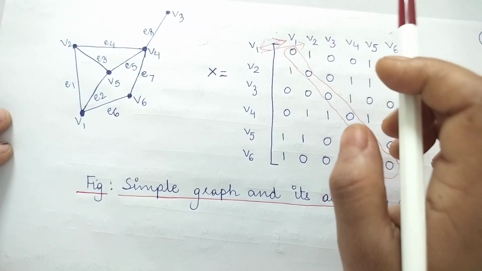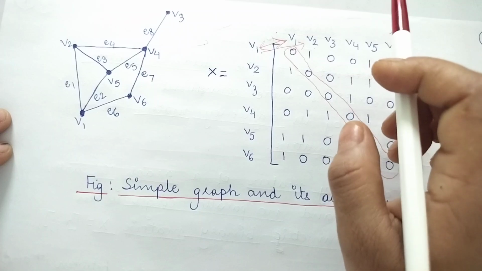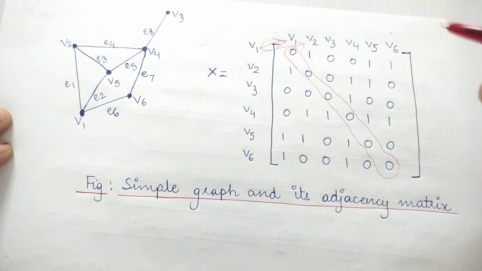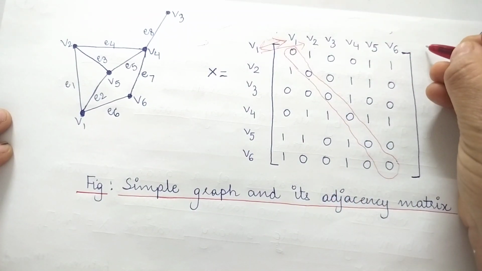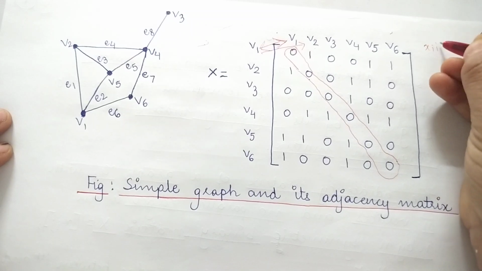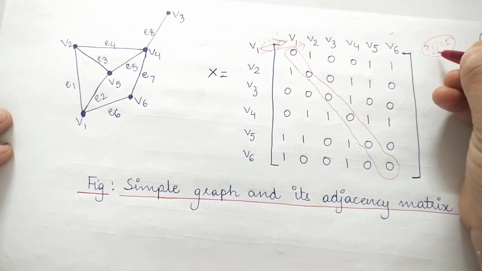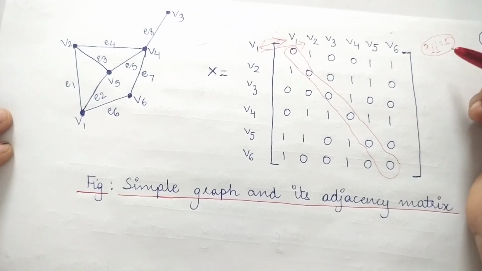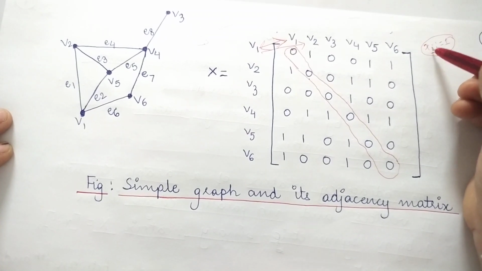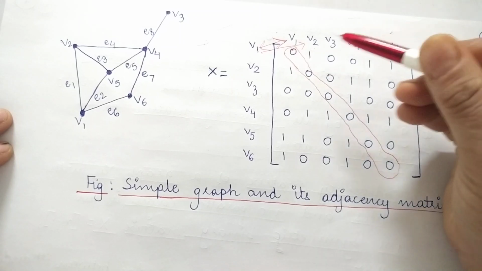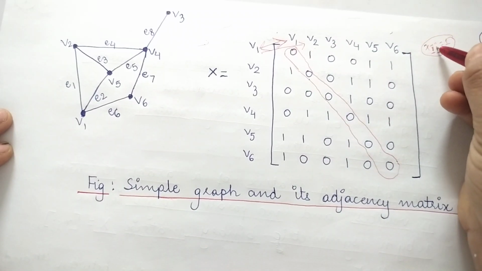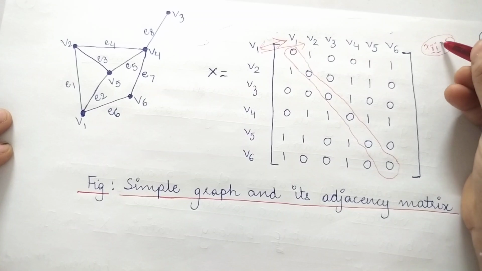A self loop at the ith vertex corresponds to xii equals 1. So if there is a self loop at any vertex, it would be represented as xii equals 1, because it is for the same vertex. A self loop is when there is an edge from a vertex to itself. That means the vertex is the same in both cases: in the row the vertex is i, and in the column also the vertex is i, and for that coordinate position the value will be 1.